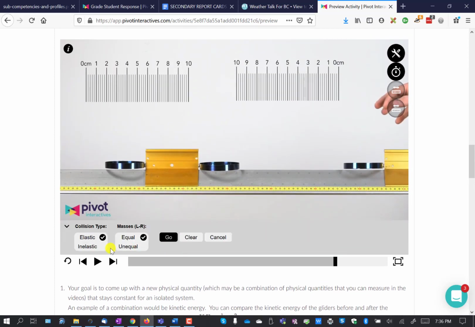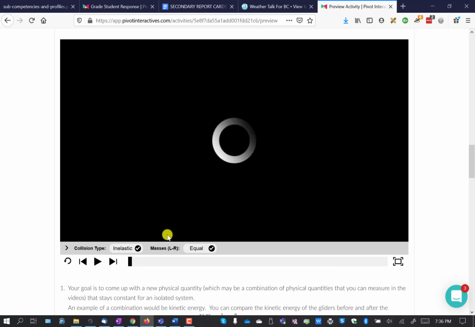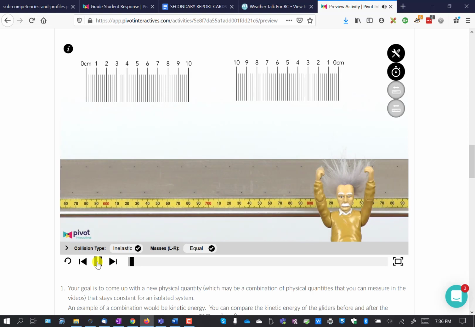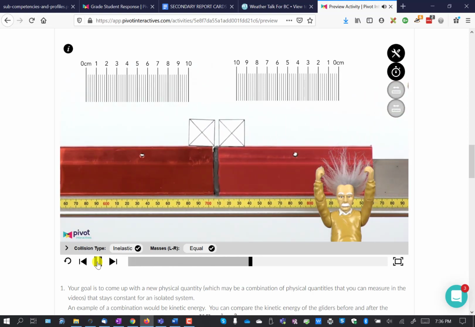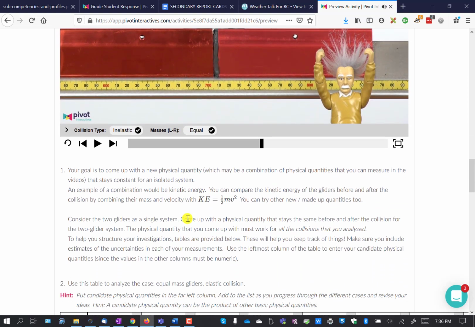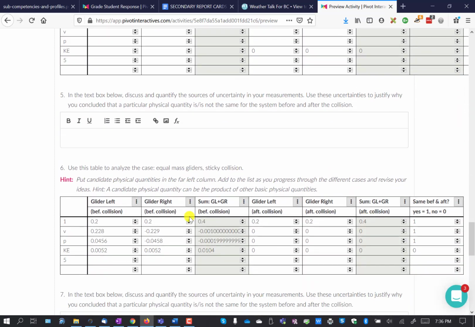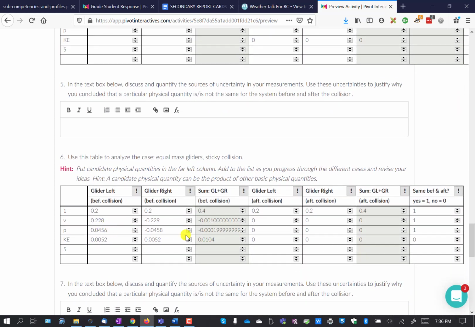Conversely, if we go to an inelastic collision, like this one, and we look at the analysis of that one, the momentum before was 0 when you total up. So the left glider was going 0.0456, the other one was going 0.0458, opposite direction.